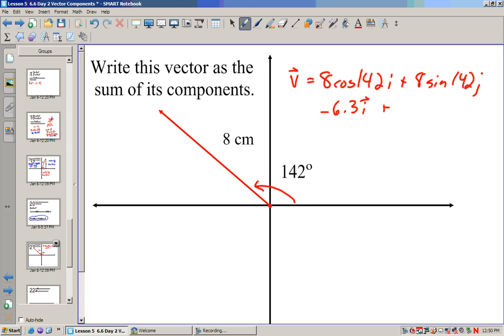And then 8 sine 142, 4.9j. So that's my vector v. Now does it make sense that I'm going 6.3 to the left? Yeah, that works out. 4.9 up. That seems reasonable. So that looks like that vector as a sum of its components.